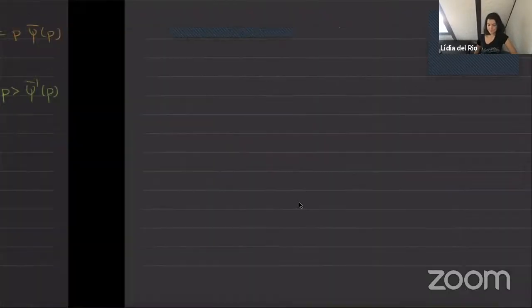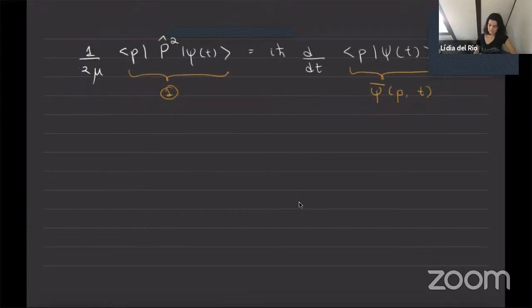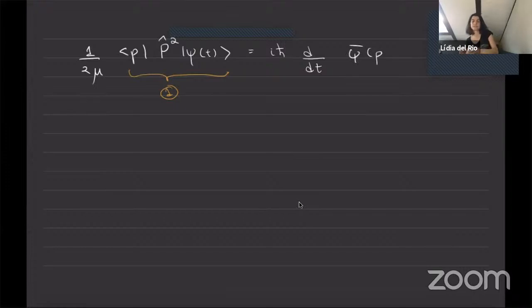Okay. So on the right, we had, like I wrote there, just this position. And on the left, we replace with what we just found, which is p squared and the wave function position p, and now I make the time explicit again. Okay.